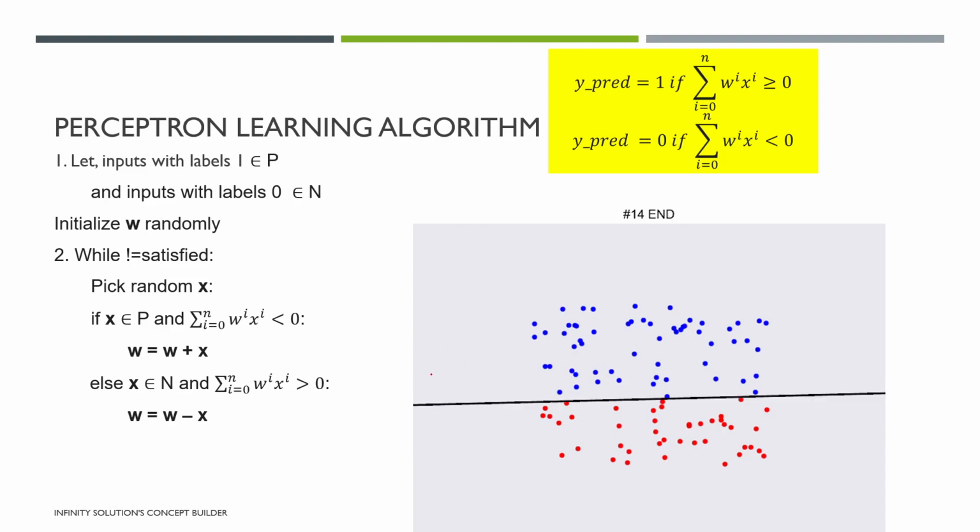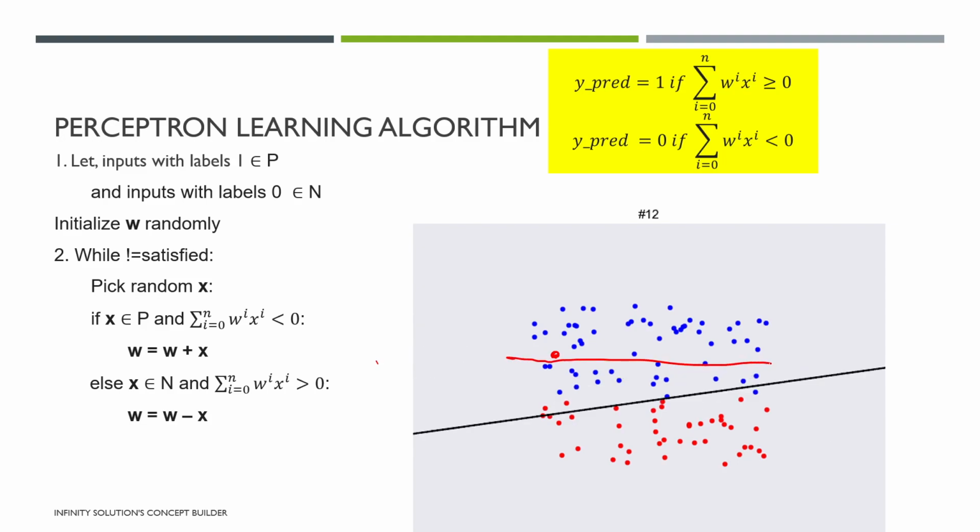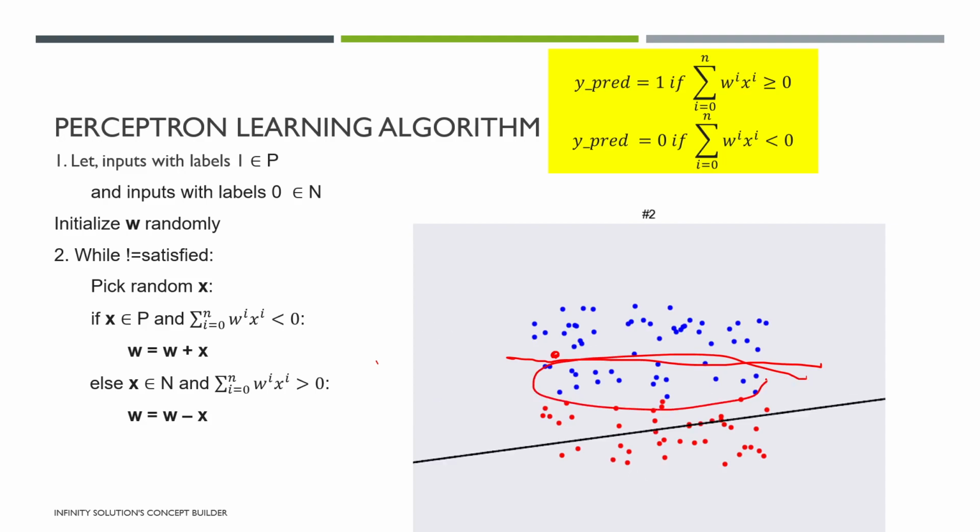But what if my red point lies here somewhere? Then it will try to have lines from here, and all these blue points are misclassified, because actually they are blue, but when we have the line here, they will be classified as red.